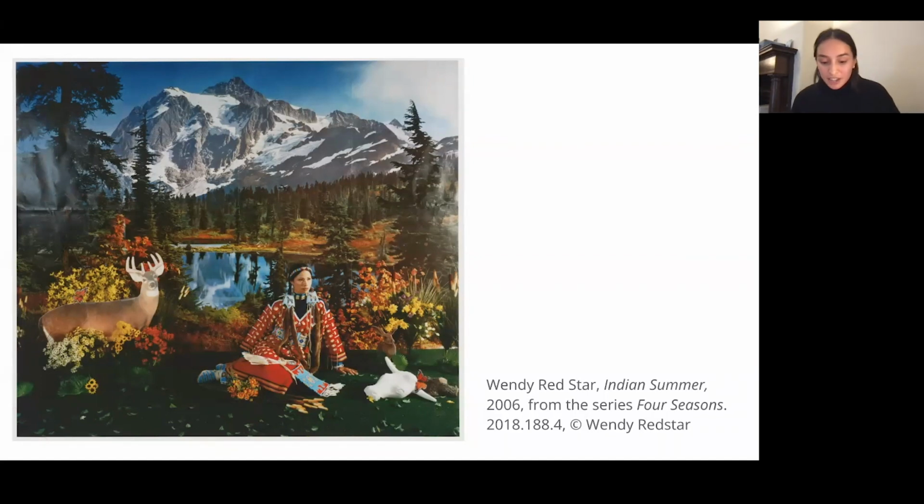So in case it was not clear due to the virtual viewing of this photograph, everything in this image is artificial except for Wendy Red Star herself, who sits at the center. From the fake backdrop to the cut out deer, to the astroturf grass, the fake flowers, Wendy Red Star has inserted herself into an intentionally imagined and artificial space.